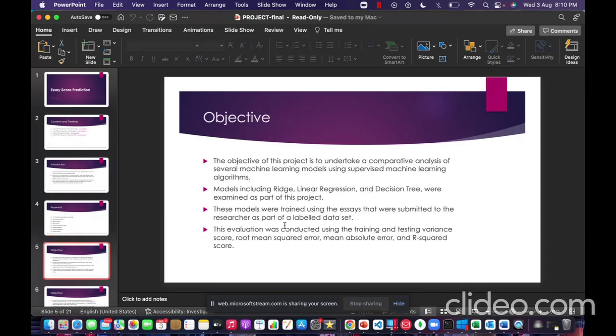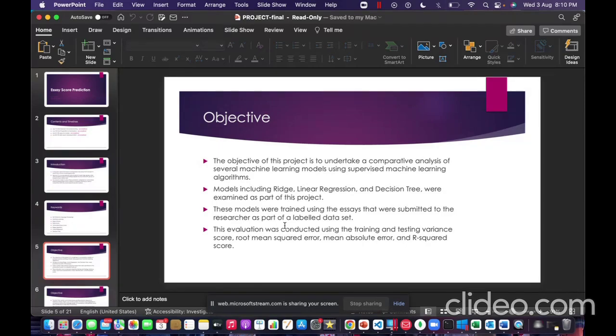Objective: our main objective of this project is to undertake a comparative analysis of several machine learning models using supervised machine learning algorithms. Models including ridge regression and decision tree were examined as part of this project. These models were trained using the essays that were submitted to the researchers as part of a labeled dataset.